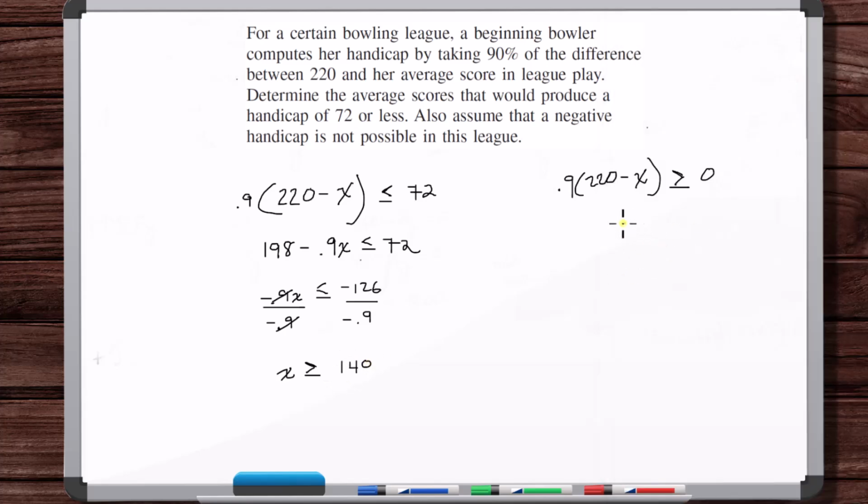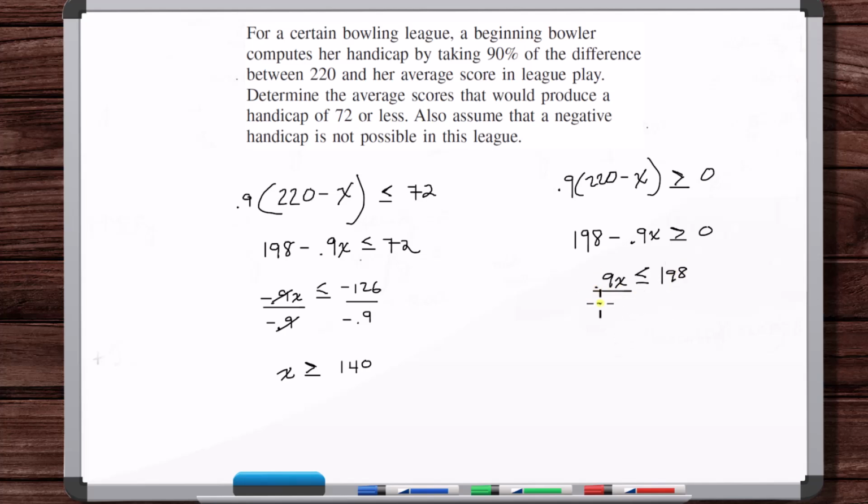Okay, and now here, to make this greater than or equal to 0, let's just solve this because it's a little confusing. I'm tempted to just set 220 minus x greater than or equal to 0, but with the inequality, it's a little different. So 198 minus 0.9x is greater than or equal to 0, so 0.9x is less than or equal to 198, right?